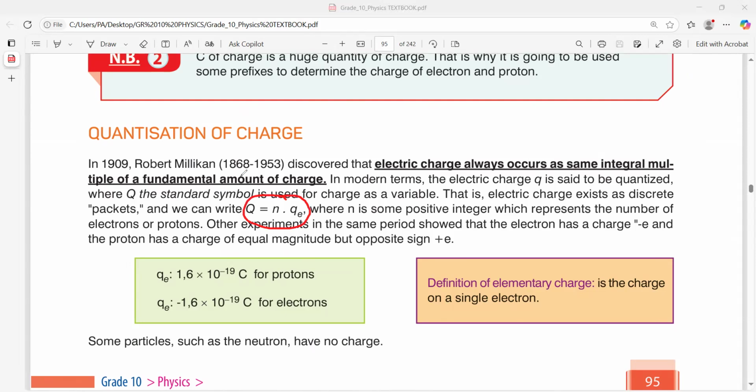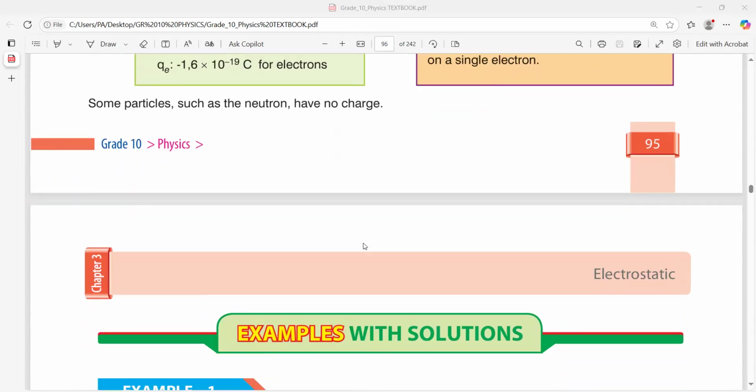Okay, let's write all formulas on one side, and then we are going to use them. So first of all, Q final equals Q1 plus Q2 over 2, and then Q equals N times Qe. So far we have these two formulas, and okay, we can clean up, it's fine.